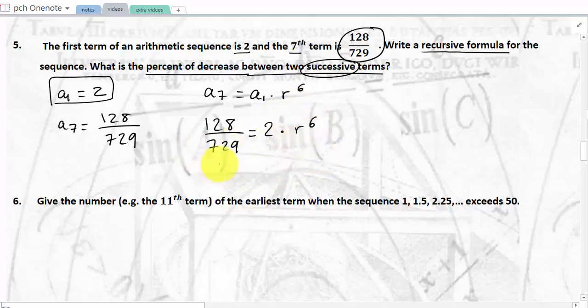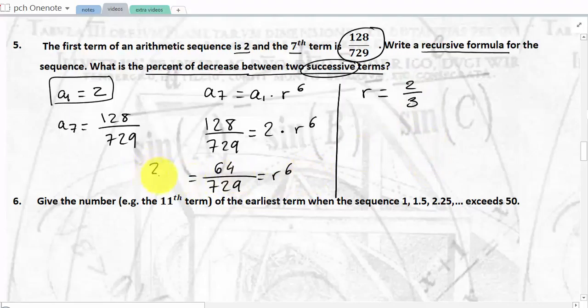If you divide both sides by 2, you would find 64 over 729 equals R to the 6. Now, 64 is 2 to the 6, and 729, it's 243 times 3, so it's 3 to the 6. So R is 2/3.